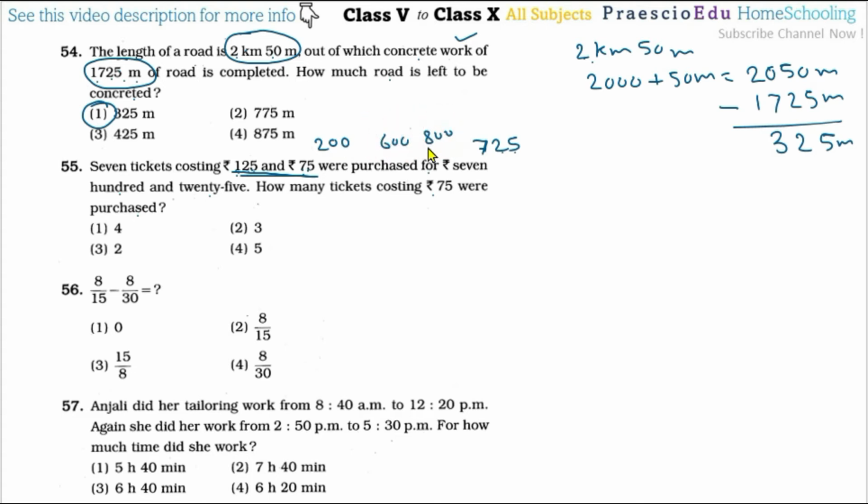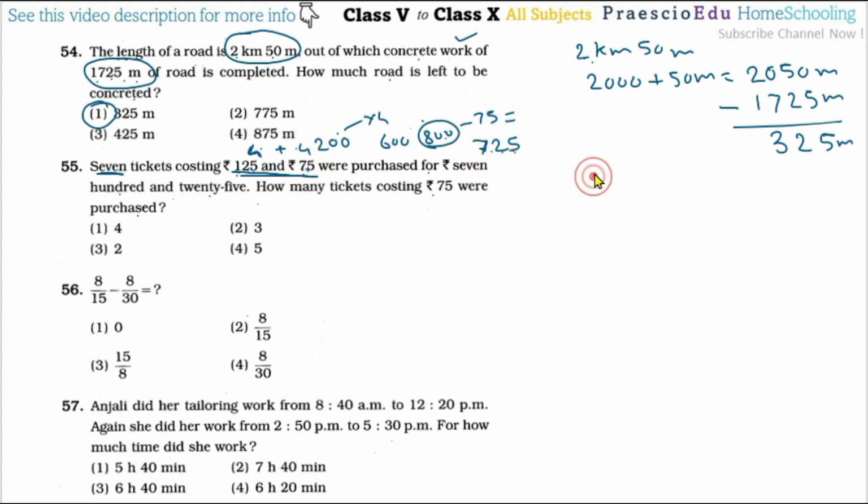So if we consider this 800 amount, that is 4 times of these ones, this four and this four tickets, that is 4 plus 4, that is 8 tickets, but we require only 7 tickets. So suppose from this we deduct one ticket amount, that is 75, so that comes to 725.